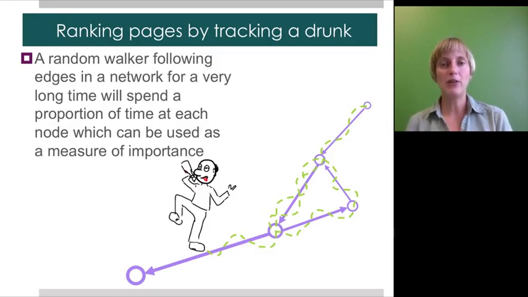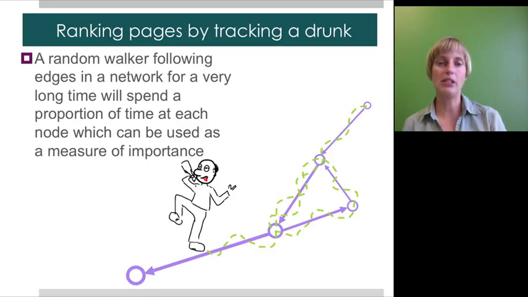And PageRank, being the amount of time that he is going to spend at each node, corresponds to the eigenvector of the adjacency matrix.